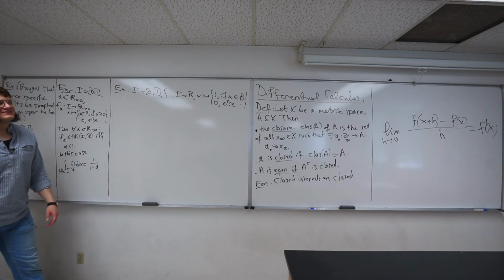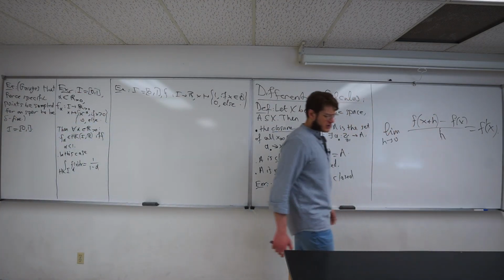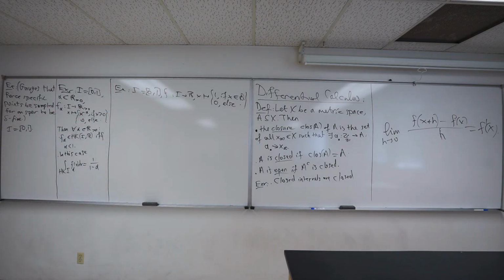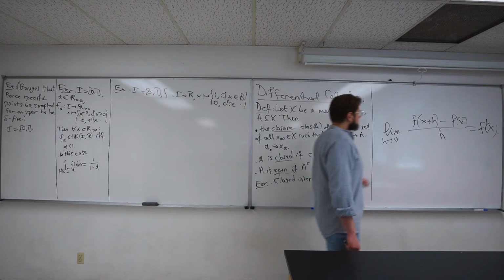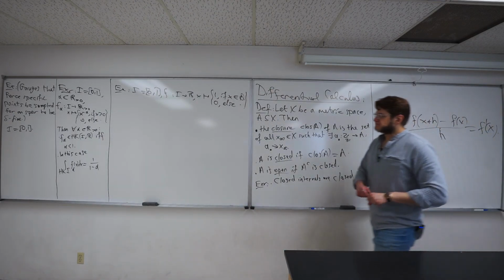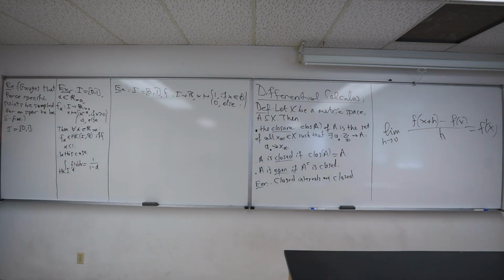So we need to make sense of this expression. If you're looking at Taylor's book, this is chapter 4.1, as I believe, the first section of differential calculus. So we're going to have to discuss that a little bit, and then we're going to go forward with our differential calculus.